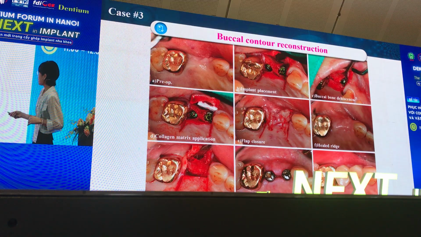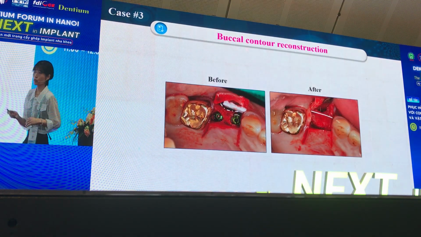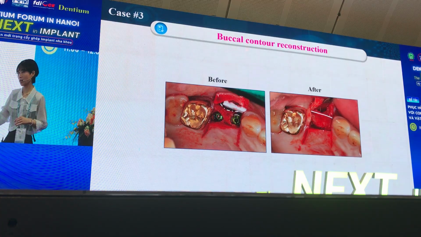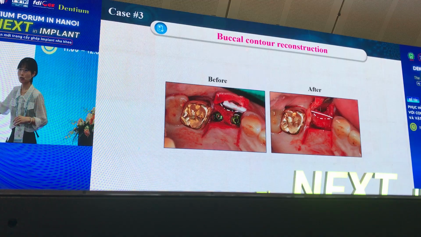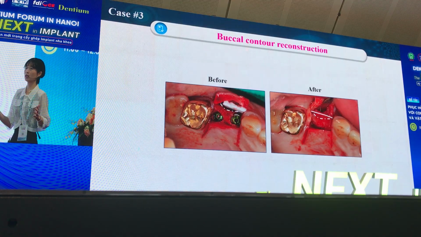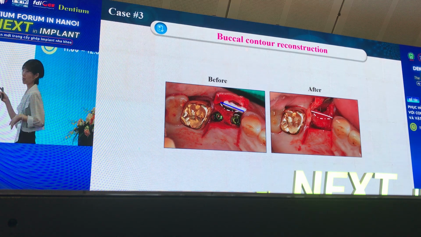So I compared for whole after. I just put the collagen matrix inside, right? But the line of the bone regeneration was protected, coinciding with the line of the collagen matrix.